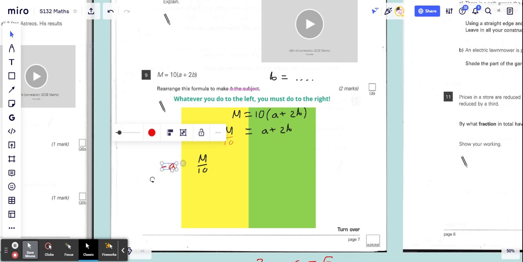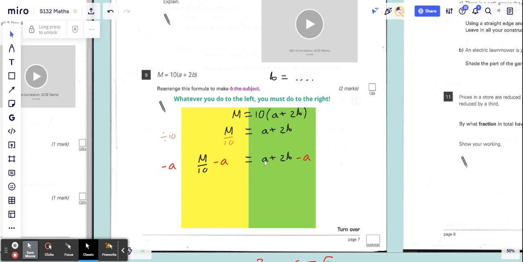And we're going to take away A. And over on the right hand side, we're also going to take away A. And on the right hand side, we've got an A plus 2B, and then we're going to take away the A. Well, the A take away A is going to cancel, isn't it? So now we've got M over 10 take away A is equal to 2B.